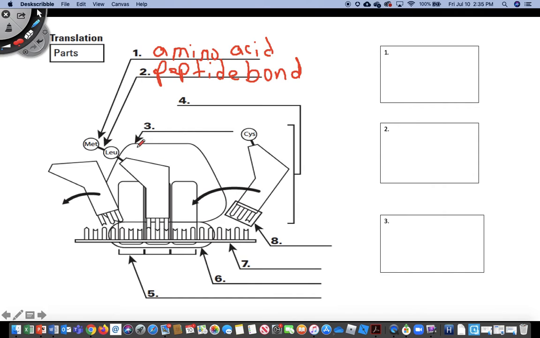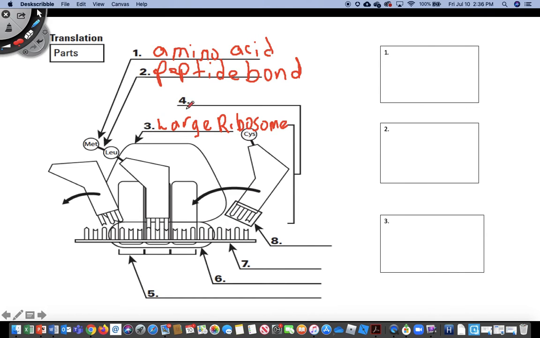All right, number 3 is showing you this structure right here, and this is the larger subunit of the ribosome. So if you recall when we studied organelles, we know that ribosomes are made up of small and large subunits. So this is the large subunit of the ribosome.